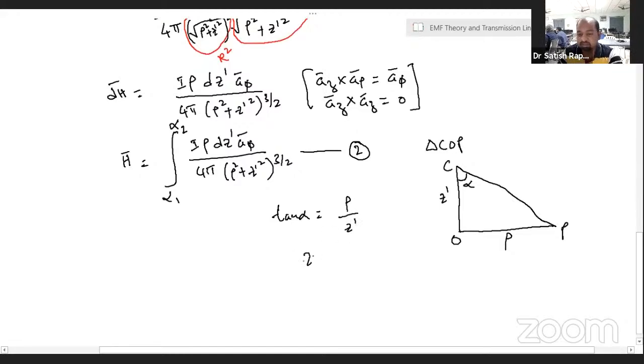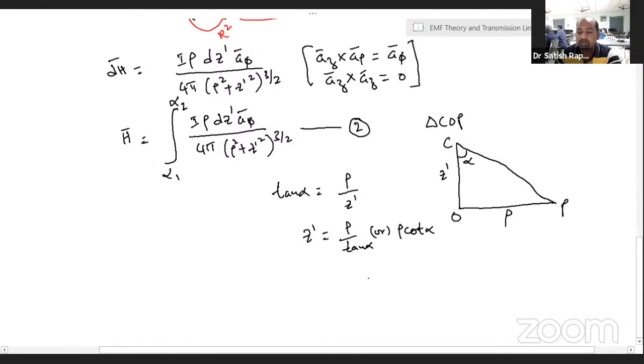Therefore, z dash is equal to rho by tan alpha, or rho cot alpha. z dash is rho cot alpha. So therefore, dz dash is equal to minus rho cosecant square alpha d alpha.